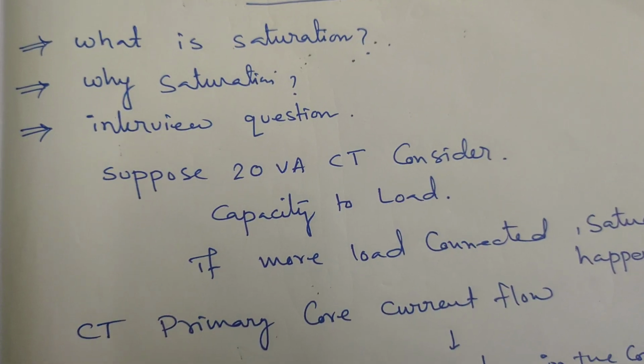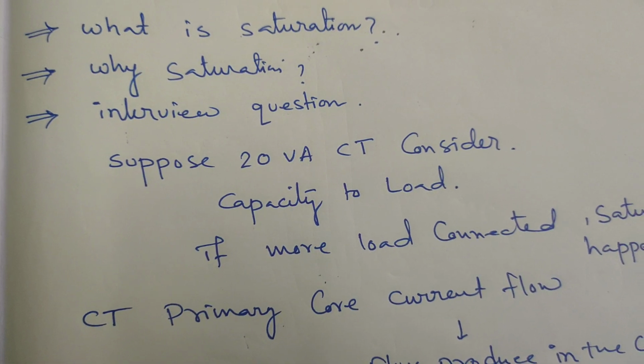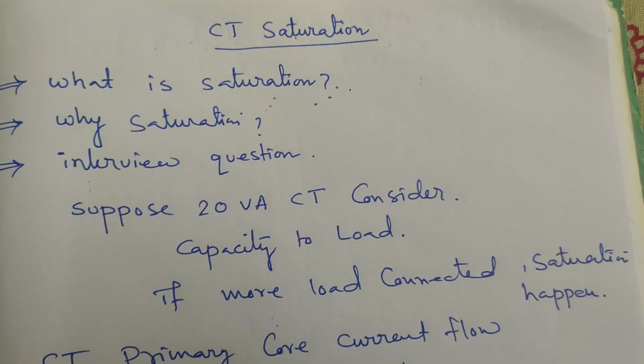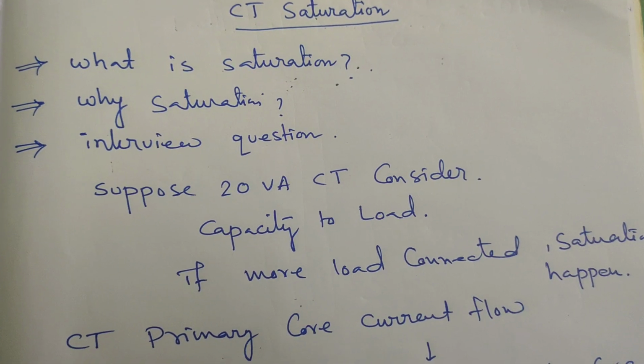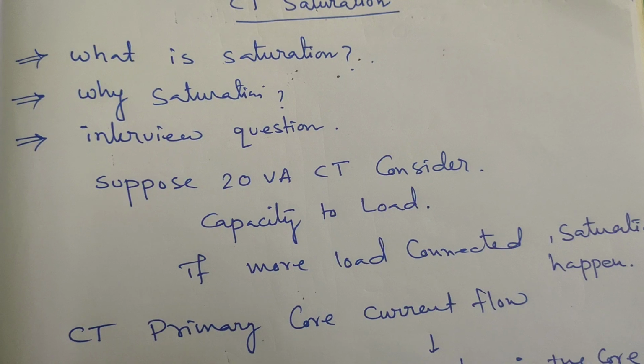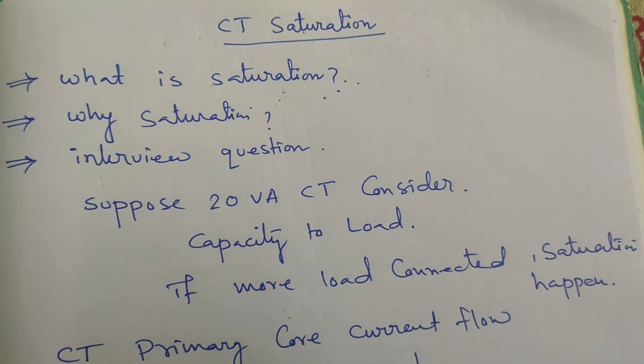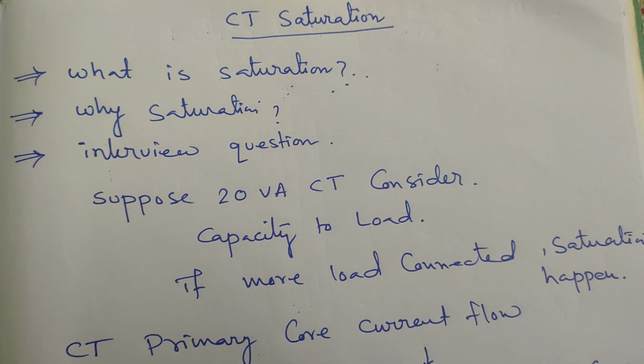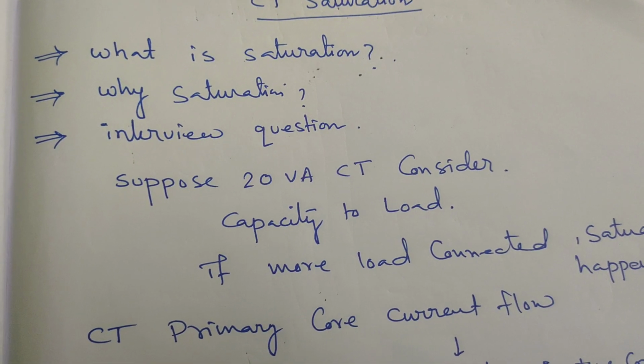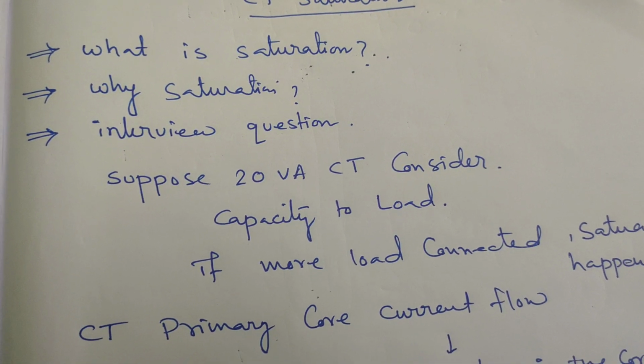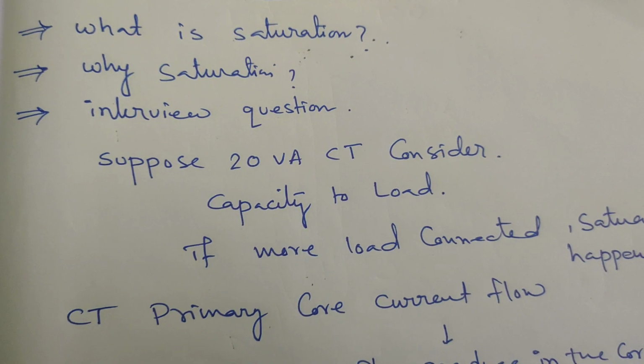So what is the main reason for the saturation? It is the excessive primary current. Excessive primary current will flow if any fault occurs in the connected line or connected networks of this particular CT, and there may be saturation.